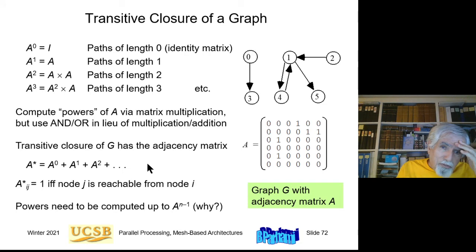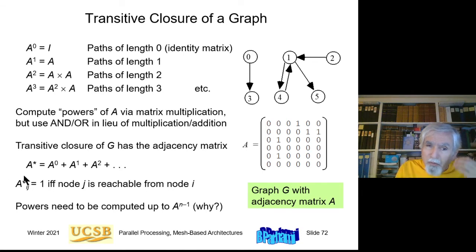I don't need to go to infinity because if there is a path between two nodes, there will be a path of length at most n minus 1, if there are n nodes, because otherwise I would be going into a loop. There are only n nodes, so no simple path without loops will have more than n minus 1 edges in it.